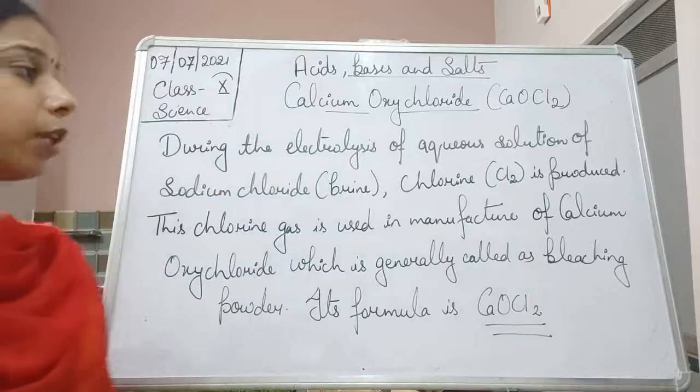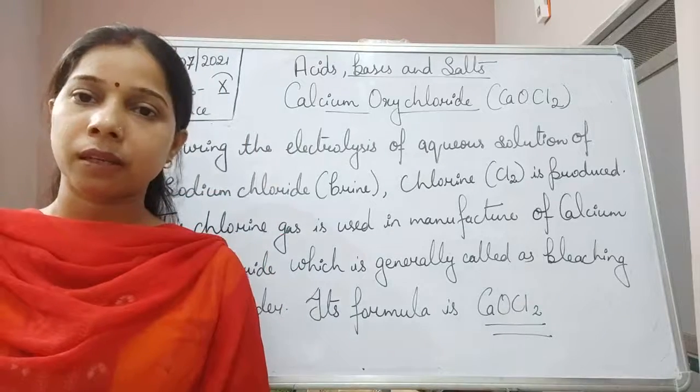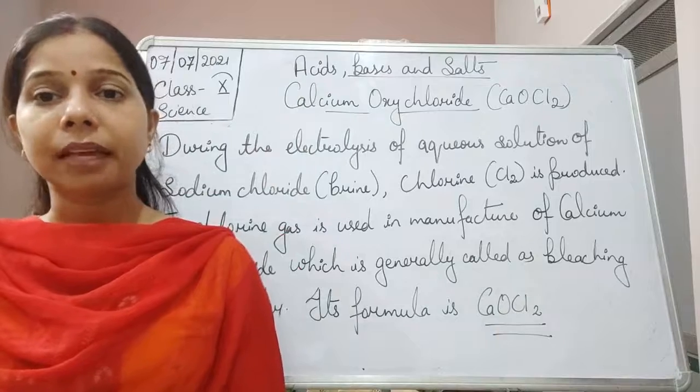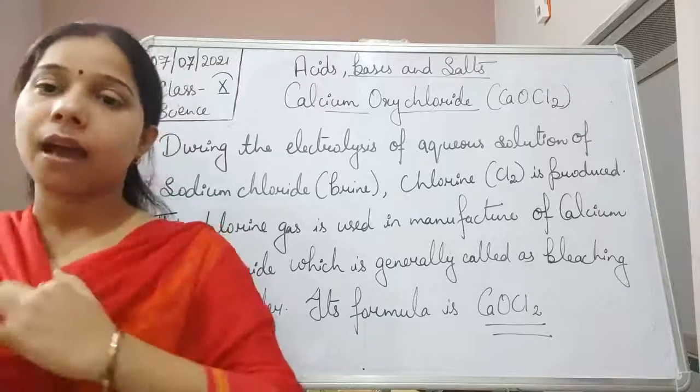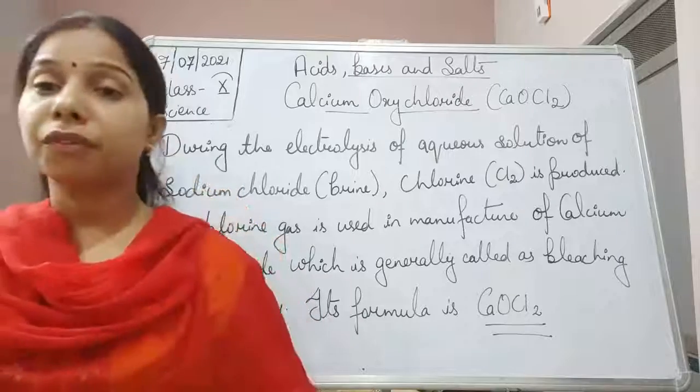Basically, what is the meaning of this sentence, students? Here it is saying that in order to make the calcium oxychloride, what is necessary is the chlorine gas. And this chlorine gas, we will obtain it.